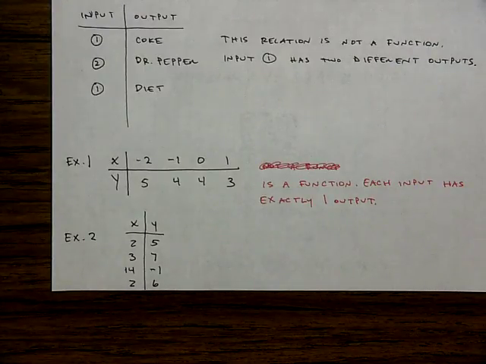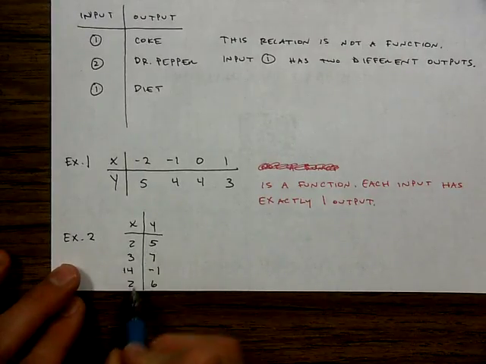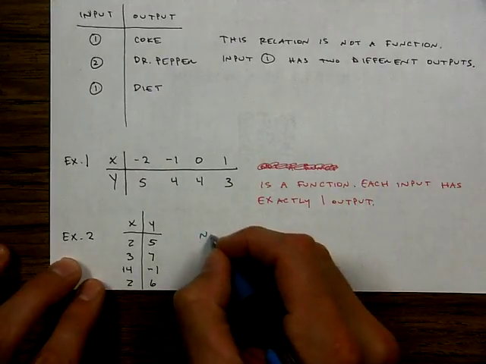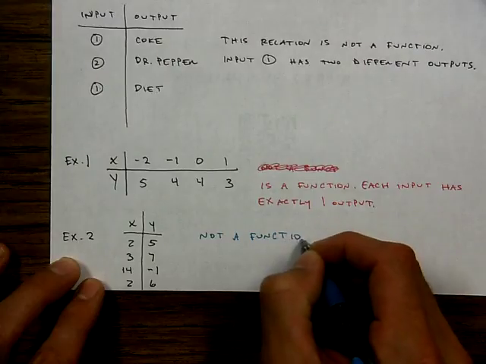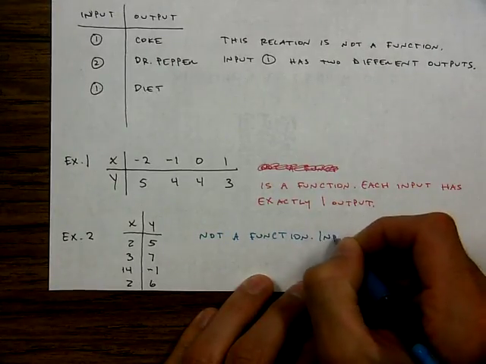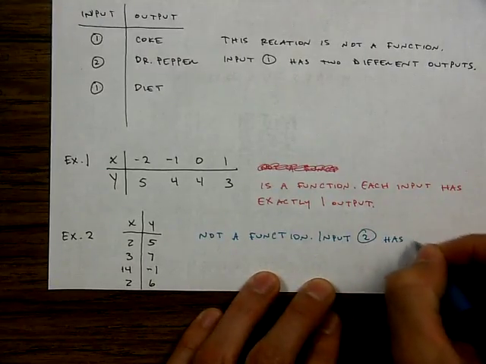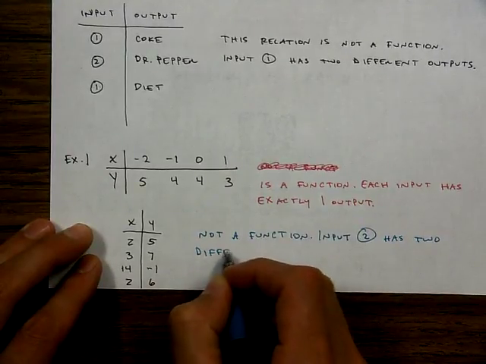Yes or no? Hopefully we said no, it's not. If you notice right here, I have the input 2 and the output 5, the input 2 and the output 6. Because these two are different, this makes this not a function. And so what I'll say here specifically, the reason that it's not is because the input 2 has two different outputs.